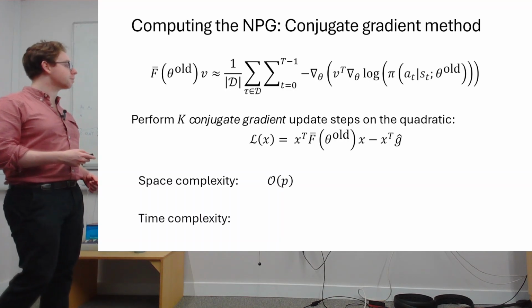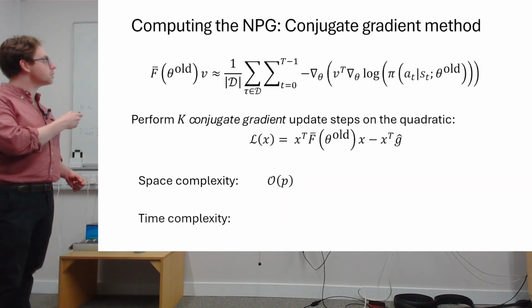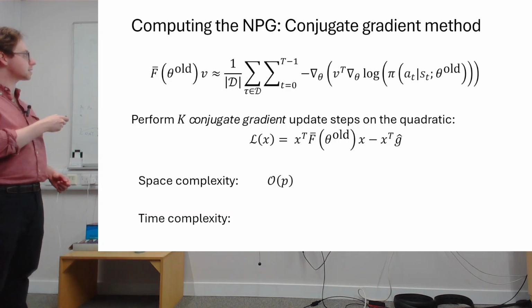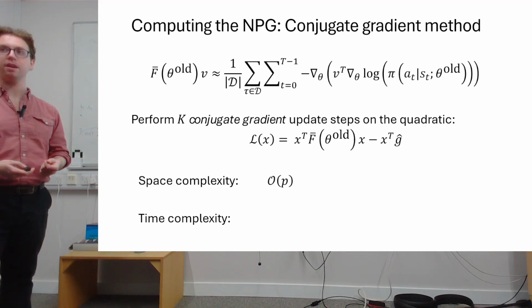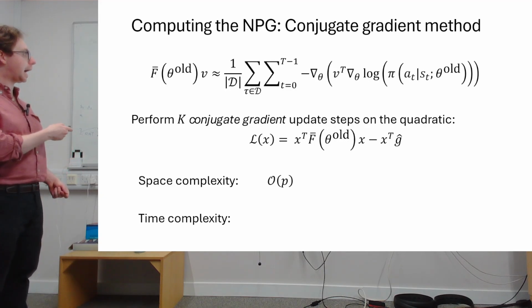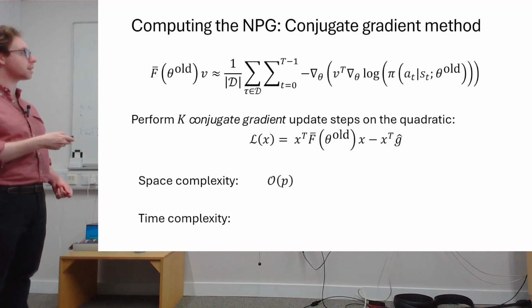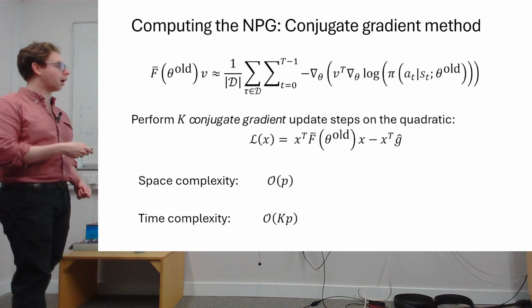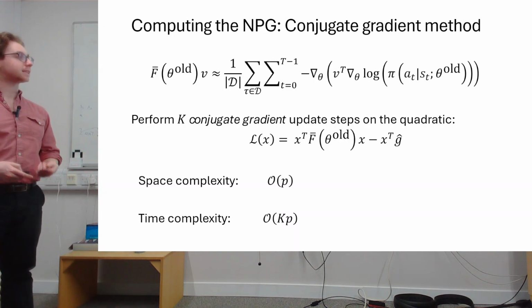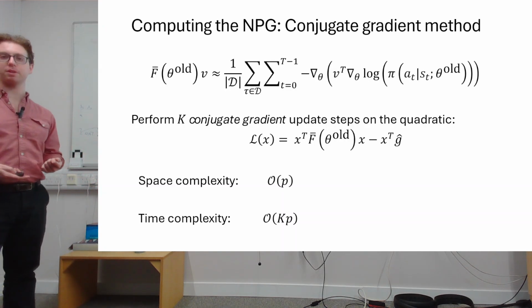So it scales very favorably with the number of parameters in my model. What about the time complexity? Each computation of this Hessian vector product is order p time complexity, and I'm going to need to compute capital K Hessian vector products to use the conjugate gradient method. And so my time complexity is big O of Kp, right? And typically, K is chosen to be much, much smaller than p.